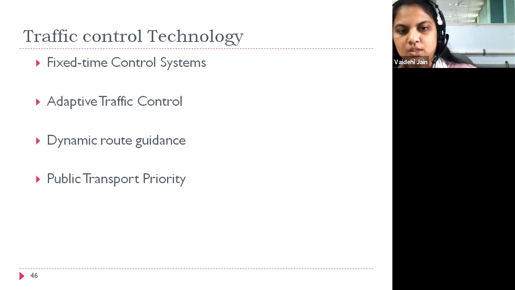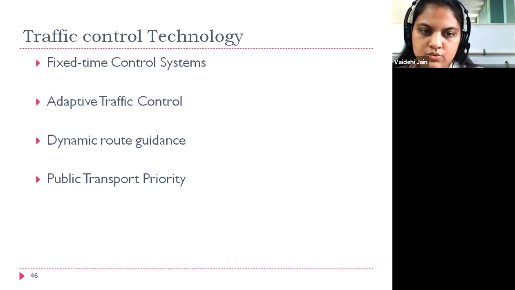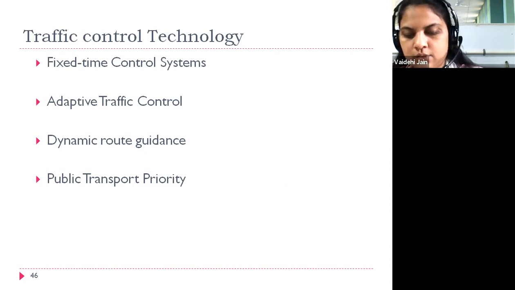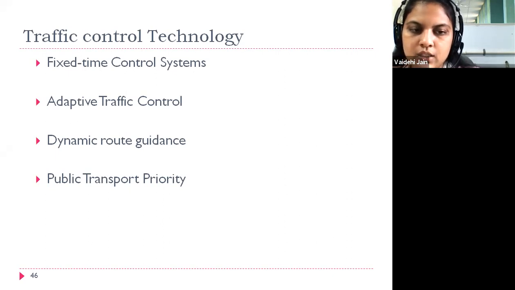The dynamic route guidance: if congestion is there on one route, the route guidance is for another route, so that we can choose the alternative route for the same trip. This is the route guidance. And the public transport priority: to communicate that the public transport is coming, and then we need to provide the priority to the public transport first, and then the private or the commercial transport.